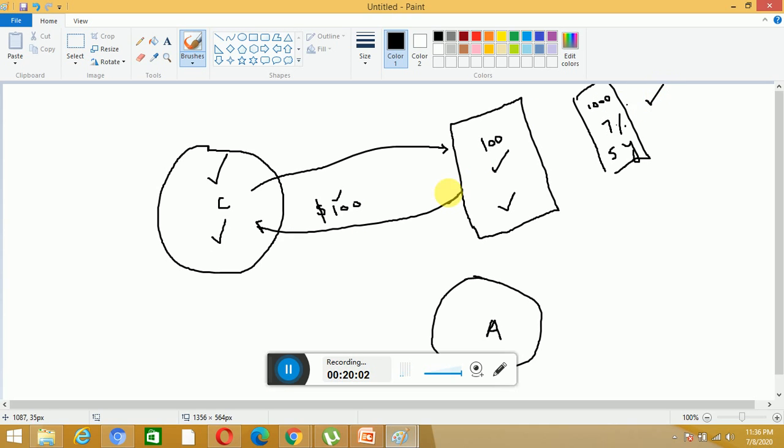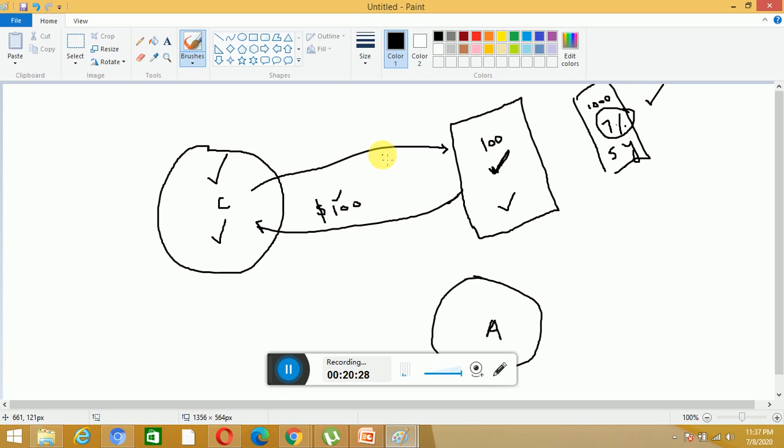In a bond, if the company is in profit or if the company is in loss, they will pay me 7% interest. But in a share, if the company is in profit, they will pay me a share from the profit. But if the company is in loss, maybe no. The company will not pay me anything.